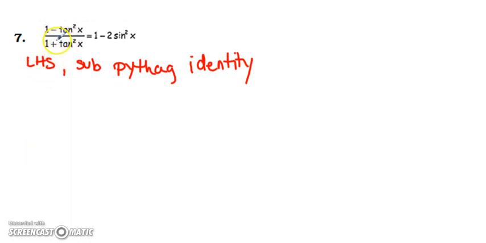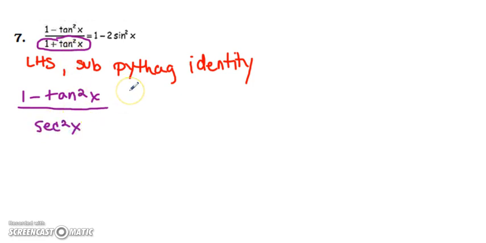Of these two, the denominator is the one that's a Pythagorean identity. So 1 minus tangent squared x over secant squared x. I gave a pause so that hopefully you could look that up. That's secant squared x. All right? Now, secant squared, let me back up.